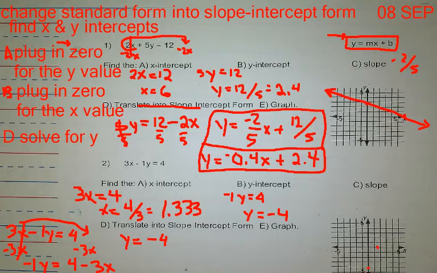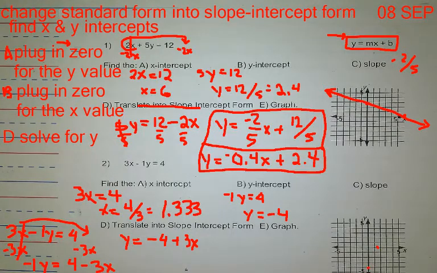Multiply 3 times -1, that would be -3, so -3 would be +3. There we go. And then, now I know y equals -4 plus 3x.